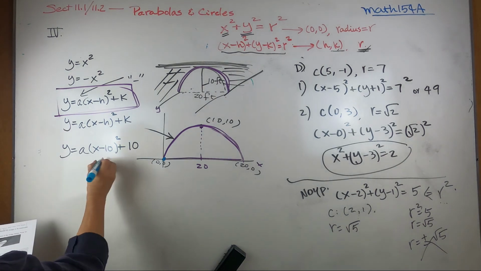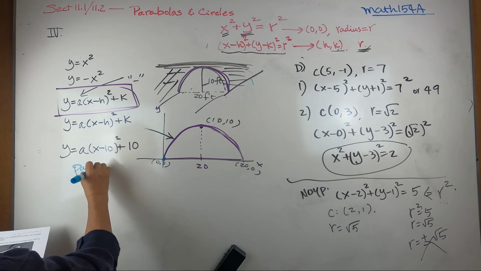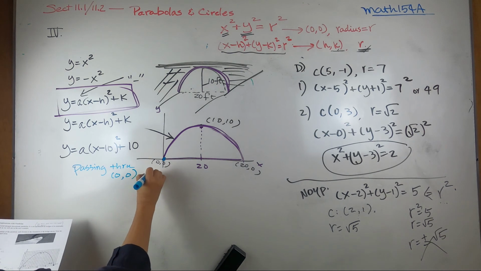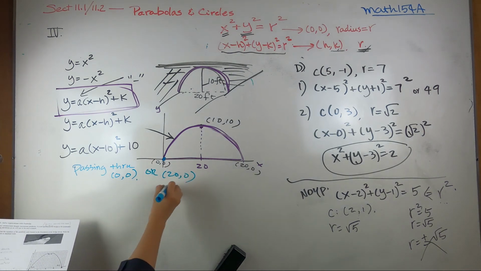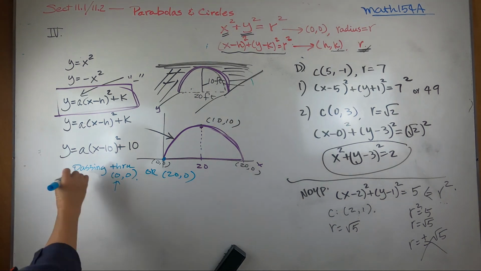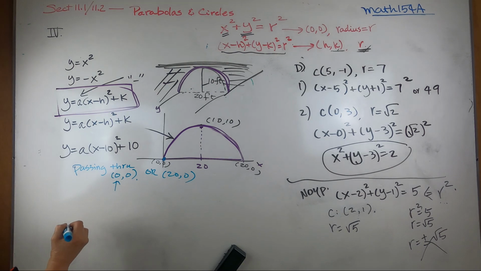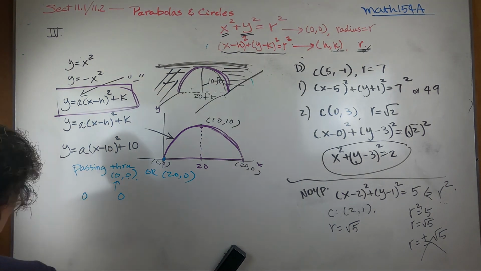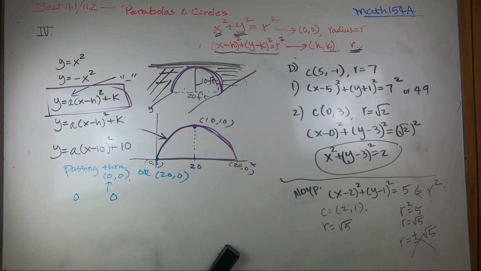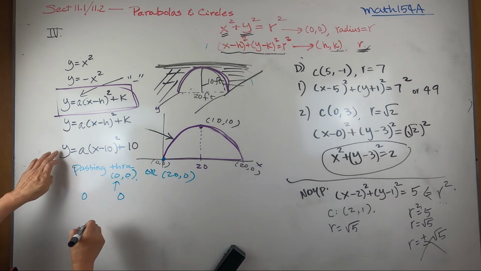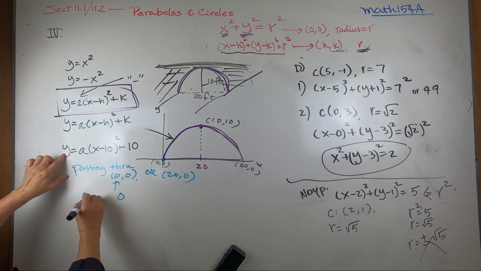So what would you do? Okay, because it passes through (0, 0) or (20, 0), we just use one of them, we just plug in this one. It should satisfy this equation, right? So y is 0, then x is 0, right? So you plug in, then see what will happen. Okay, so y is 0, right?